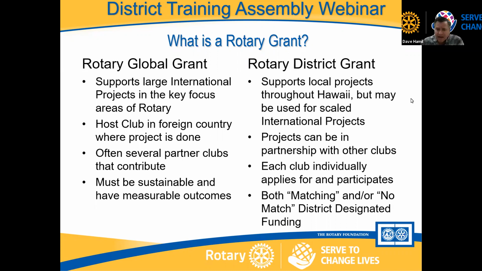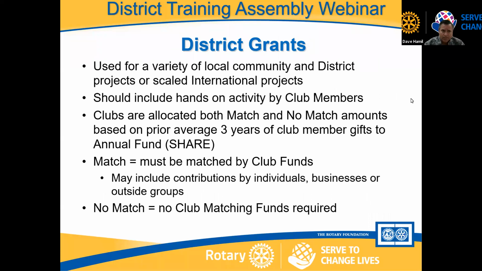And the funds that come back get into two large categories: matching and no match. So I'm going to go into that just a little bit more. Again, I'm focusing on district grants here today. They can be used for a variety of projects.